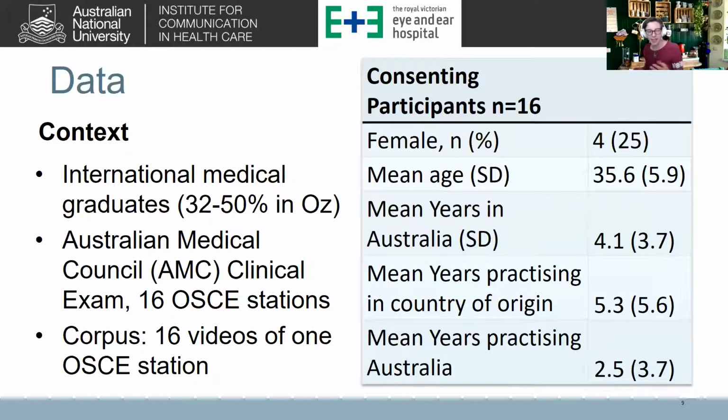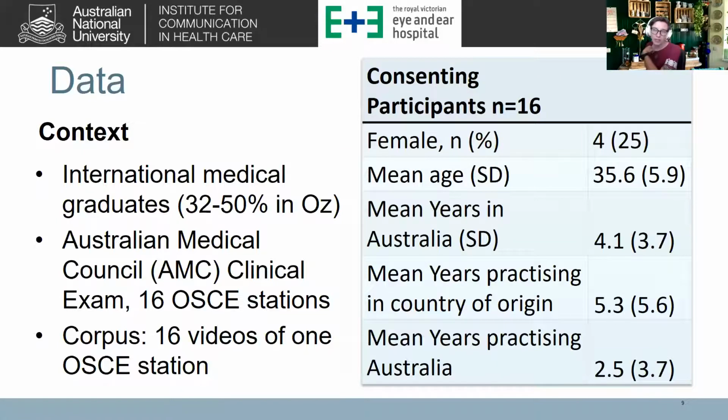That exam has a multiple choice clinical knowledge part, but it also has a structured clinical examination part where there are simulated patients, the same patient for every doctor that comes through, and there are 16 stations, so 16 different simulated patients. What I have is a corpus of 16 videos of one of these stations. So the 16 different doctors are all seeing the same patient, and you can see some of the breakdown of where these doctors came from and how long they've been practicing in the table here.